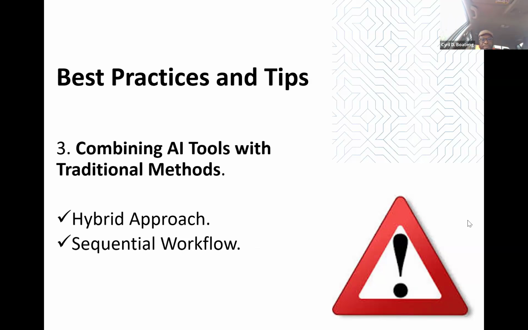And then you should also be able to combine AI tools with traditional methods. So if you know your workflow for a PRISMA technique in terms of systematic review, you can then combine and know where you should put in your AI tools to help you. For instance, with my talk today, you know that the screening and selection part and the data extraction are complicated. They take time.